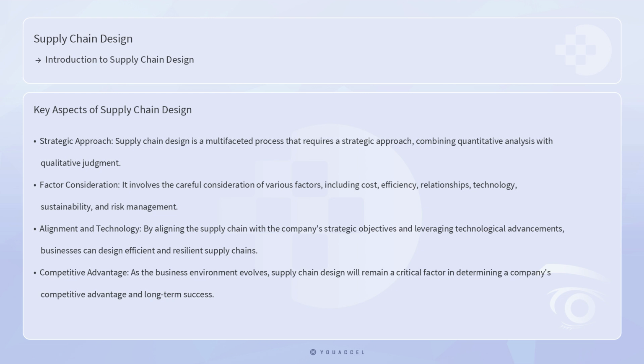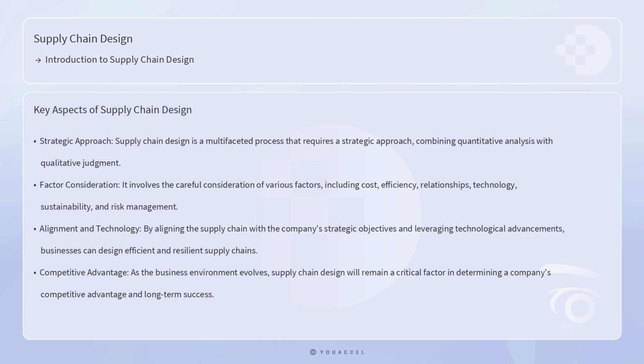In conclusion, supply chain design is a multifaceted process that requires a strategic approach, combining quantitative analysis with qualitative judgment. It involves the careful consideration of various factors, including cost, efficiency, relationships, technology, sustainability, and risk management.